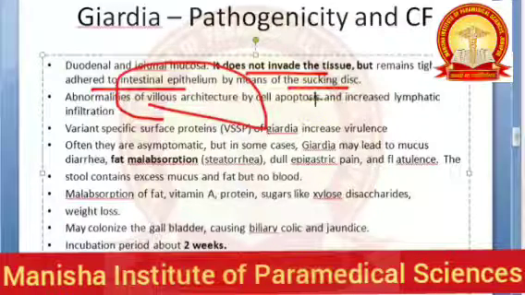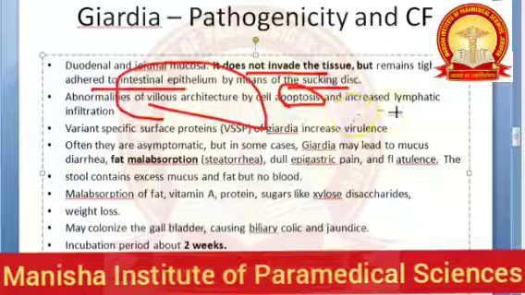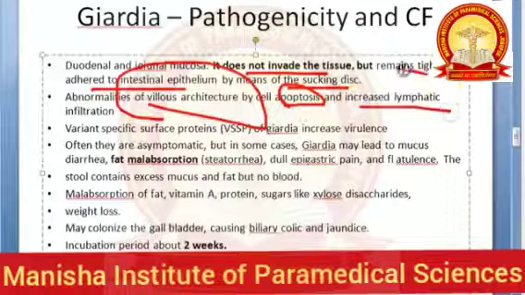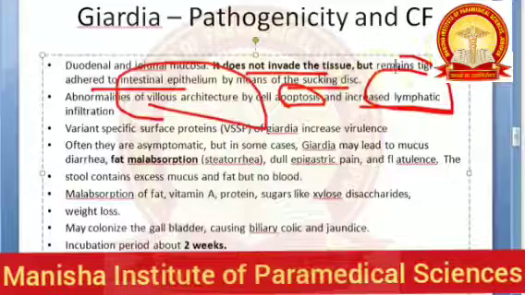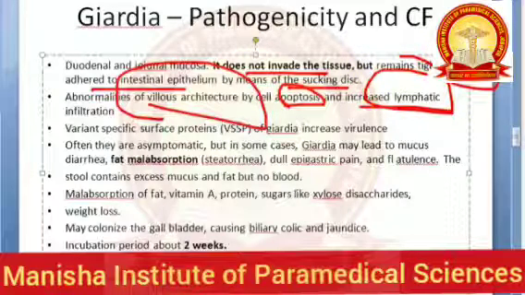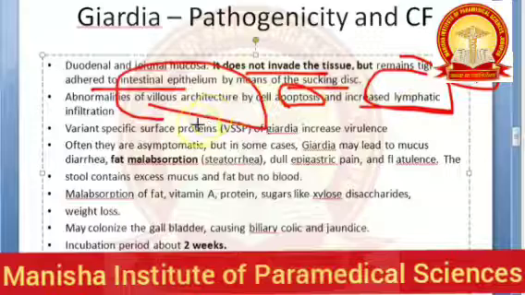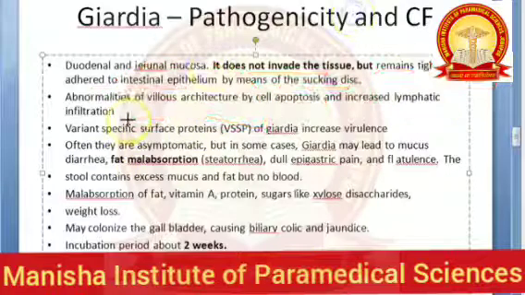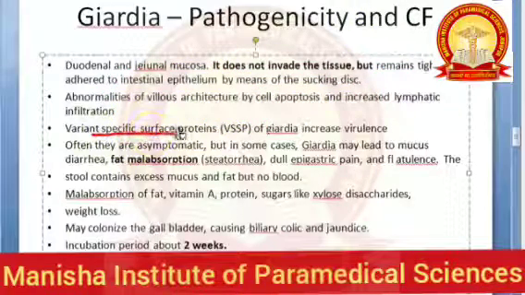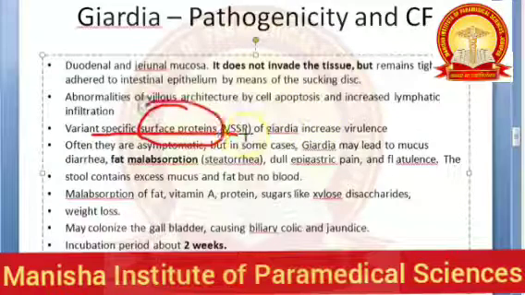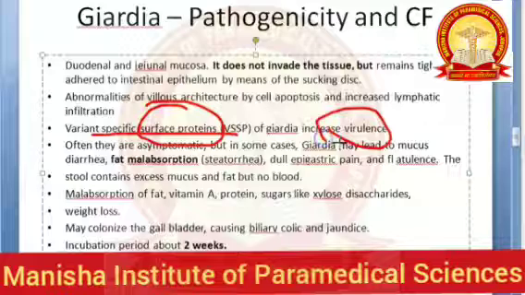The architecture of the villi can be affected. The villi cells can undergo apoptosis. There can be increased lymphatic infiltration. So a lot of lymph will come into the intestine. Then what happens? There is a variant specific surface protein, VSSP. The surface protein is going to help in the virulence of this Giardia.